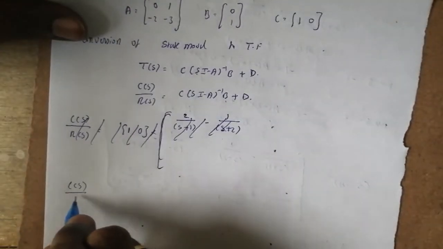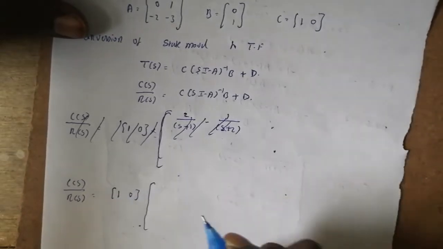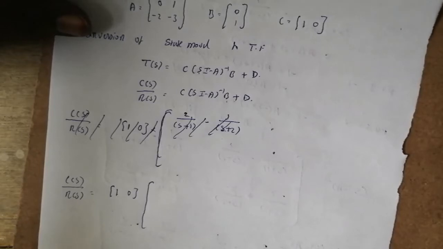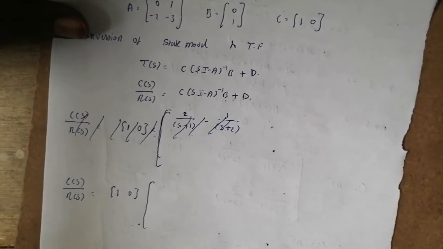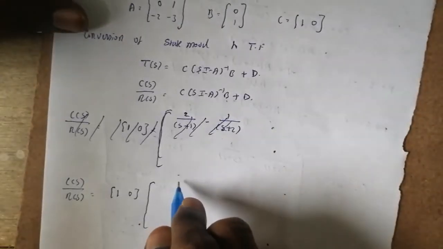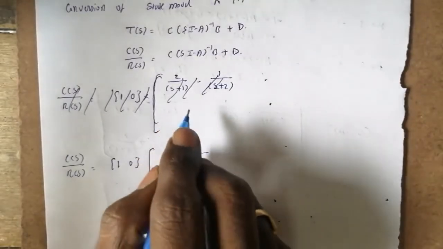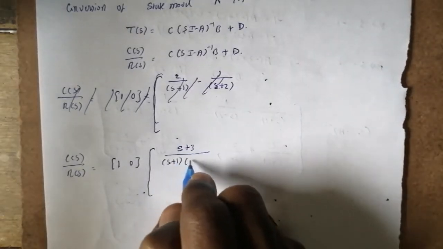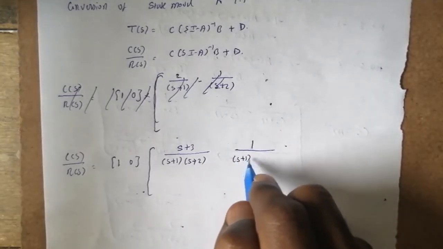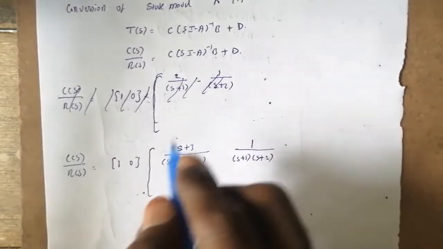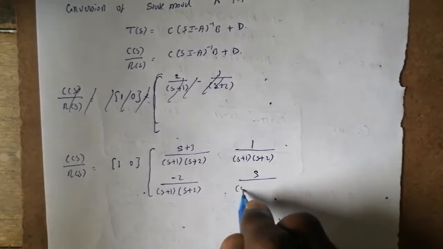C(s) divided by R(s) equals [1 0], and here I can write (s plus 3) divided by (s plus 1)(s plus 2), 1 divided by (s plus 1)(s plus 2), minus 2 divided by (s plus 1)(s plus 2), and s divided by (s plus 1)(s plus 2).